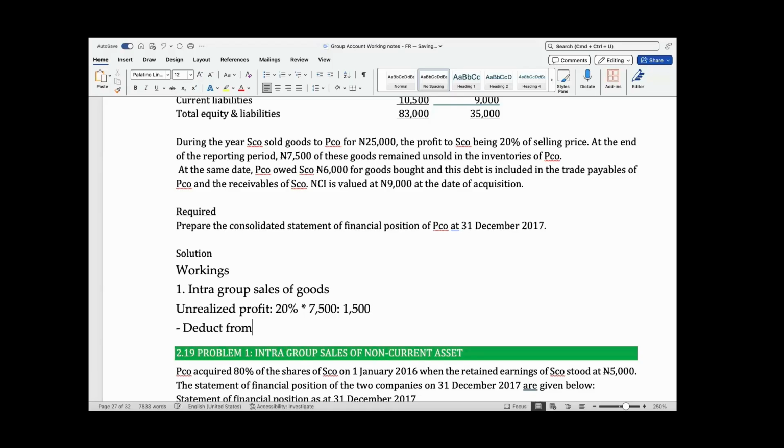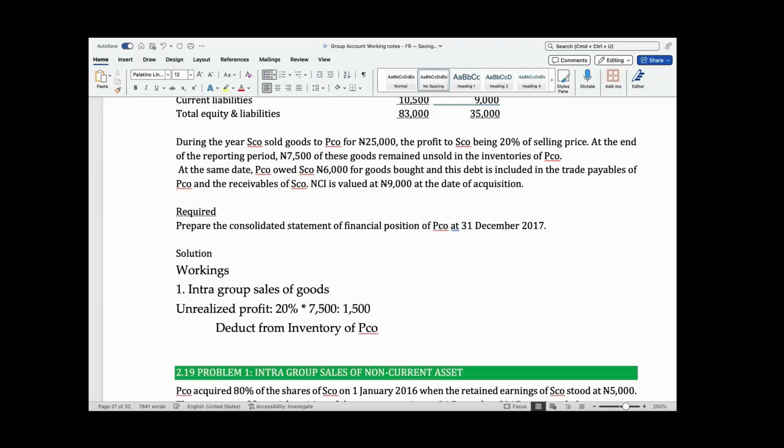And this 1,500, how do you treat it? You are going to deduct from inventory of Pico. Then you also deduct from retained earnings of ESCO.